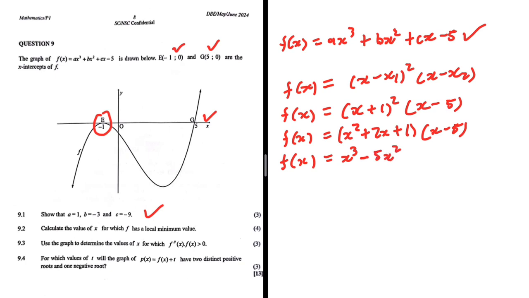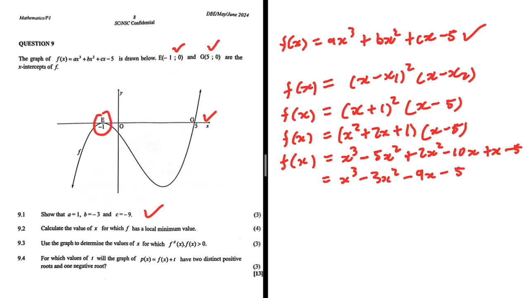And then 2x multiplied by x, that is plus 2x squared. And then 2x multiplied by minus 5, minus 10x. 1 multiplied by x is plus x, 1 multiplied by minus 5, minus 5. So we have f of x being equal to x to the power 3, minus 5x squared plus 2x squared is minus 3x squared. And then minus 10x plus x is minus 9x minus 5.